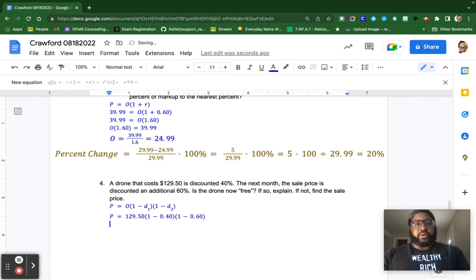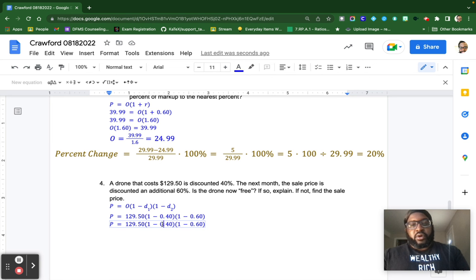I don't feel like doing all that work, so I'm just going to copy and paste. 1 minus 0.40 is similar to 10 minus 4. The only difference between those two is I divided 10 and 4 by 10. Since I know that 10 minus 4 is 6, I'm just going to change this 4 to 6.